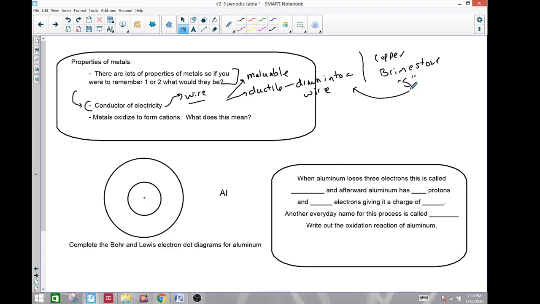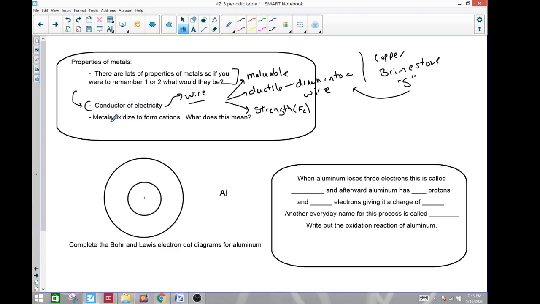This just isn't going to happen. Other things that metals might be, we do typically think of them as strong, but that might be more typically associated with iron than other metals. All right, so conducting electricity is another one.